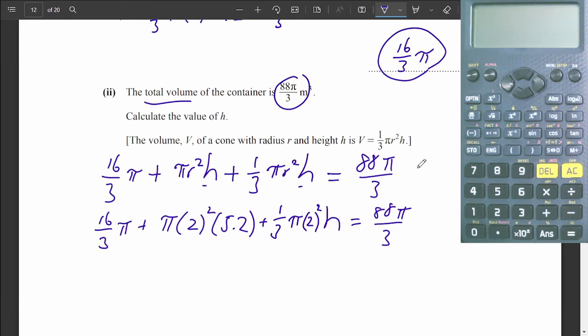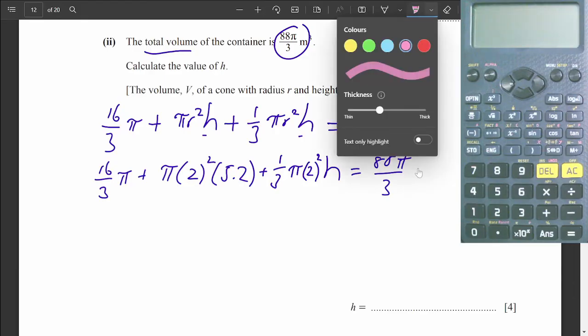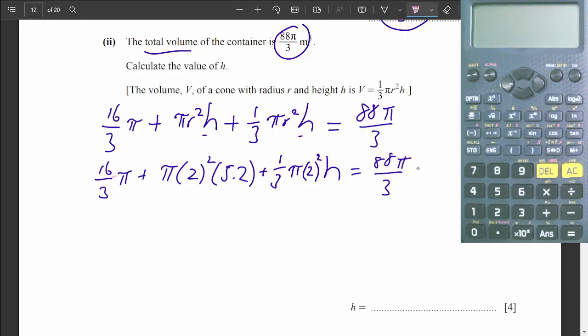Okay, now looking at this, I immediately notice one thing, and that is that every term has a pi. There's a pi there, there's a pi there, there's a pi there.